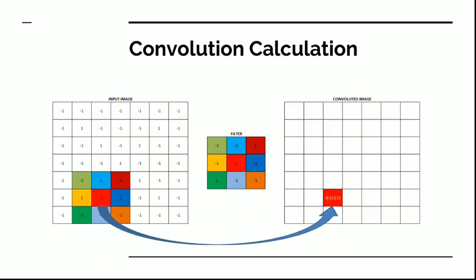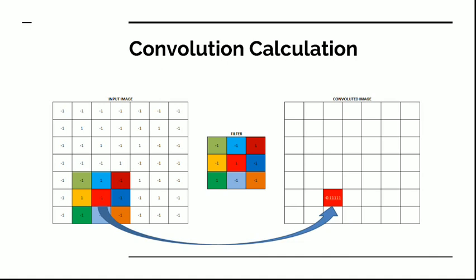If you want to find the value for the next cell, we shift the filter right by 1 cell and repeat the calculation again. As you can see, the colored cell on the input image has shifted by 1 cell.